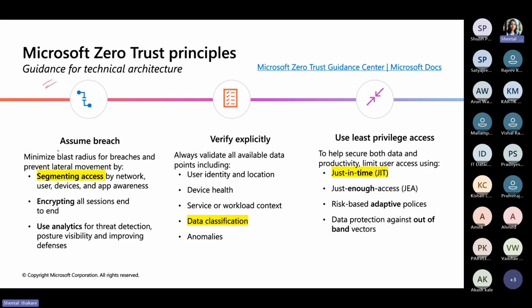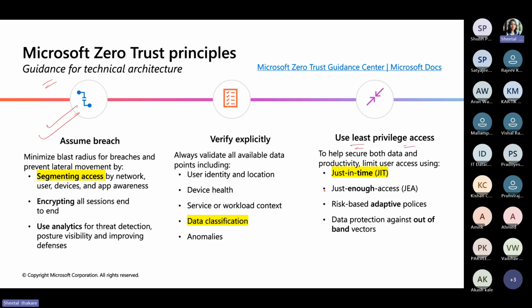The guidance provided in the form of zero trust principle also says that each and every request which is coming to your environment, do not trust it. Assume that it is going to breach the security of your organization. So you verify it explicitly. Check for authentication. Even if it is verified, you provide least privilege access.